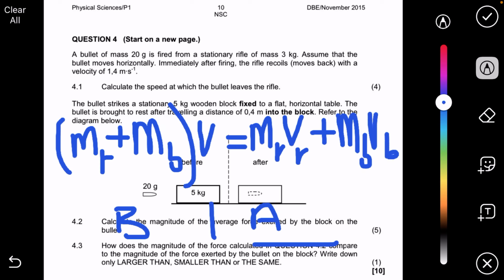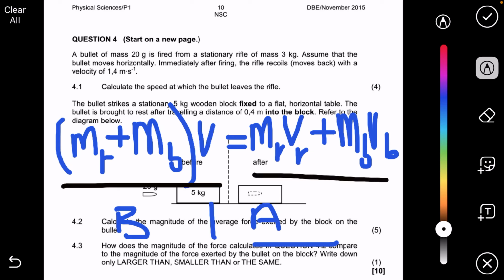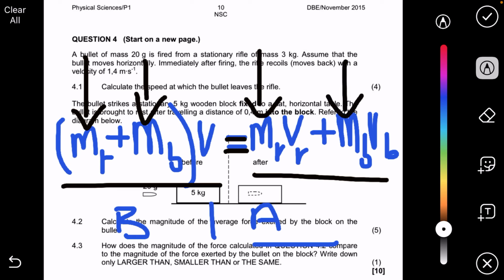Notice the difference, ladies and gentlemen. In the situation before, everything is combined. In the situation after, everything is now separated. But what matters the most is that the mass of the rifle is the same on both sides of the equal sign, and again, the mass of the bullet is the same on both sides of the equal sign.